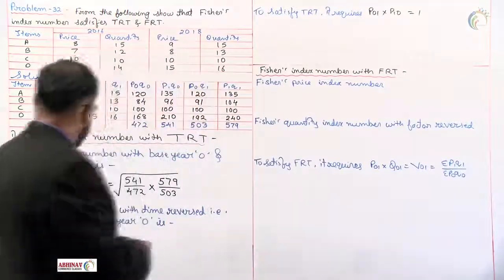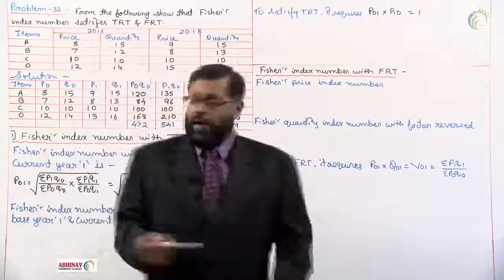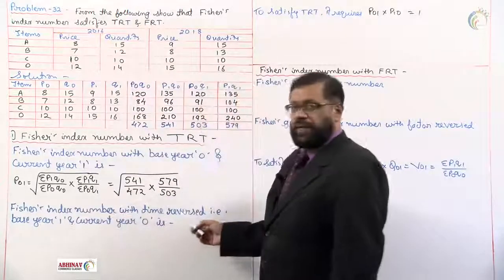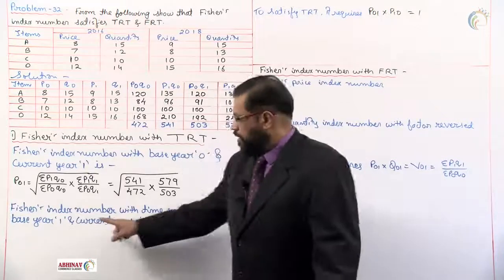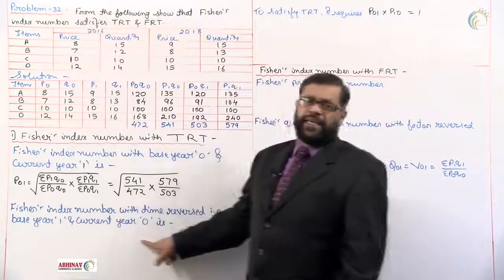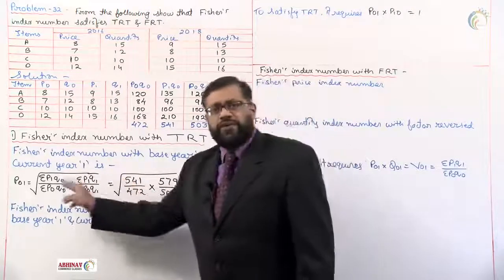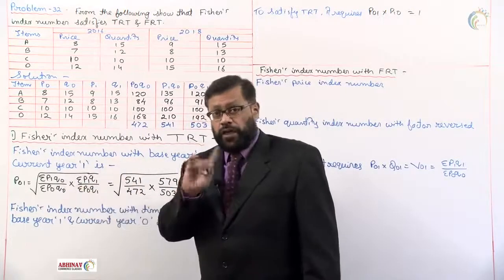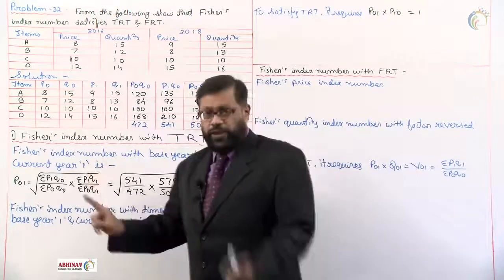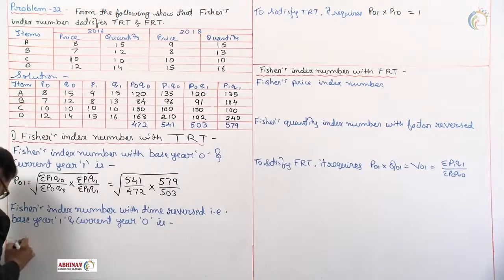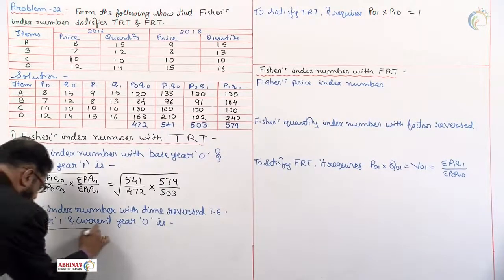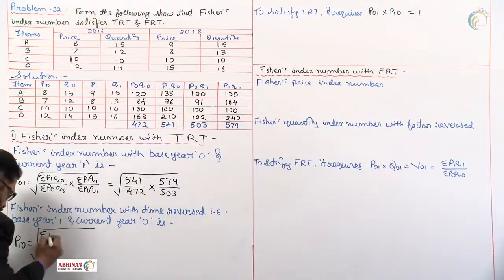Let's see further. Fisher's index number now with time reversed. Time reversed means the base year, which is 0, will be taken as 1, and the current year, which is 1, will be taken as 0. We should rewrite the formulas changing the time, not the factors, P and Q, as they are. So here, the formula will be P10 is equal to root of, first let me write the factors.